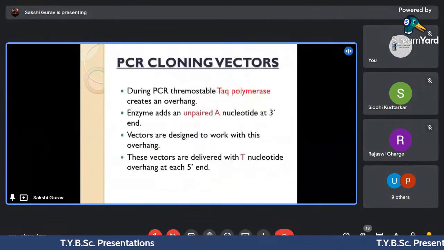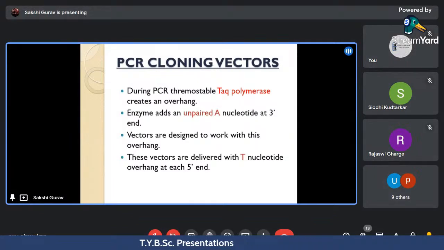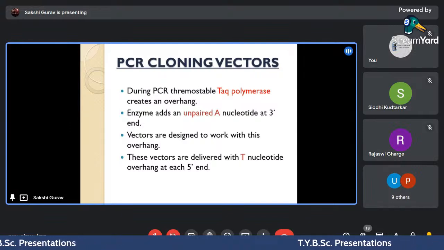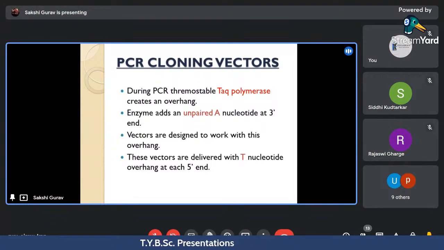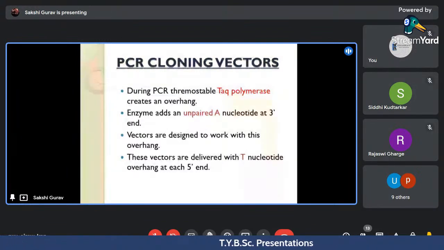Okay. So, it is possible to clone DNA segments that are blunt ended. But in PCR, we use a thermostable enzyme, that is Taq polymerase. Taq polymerase does not create blunt ended DNA.